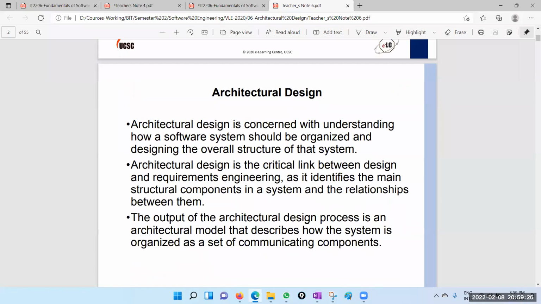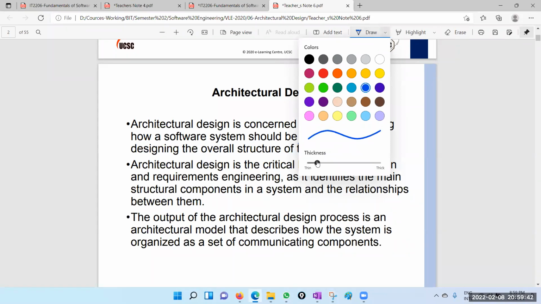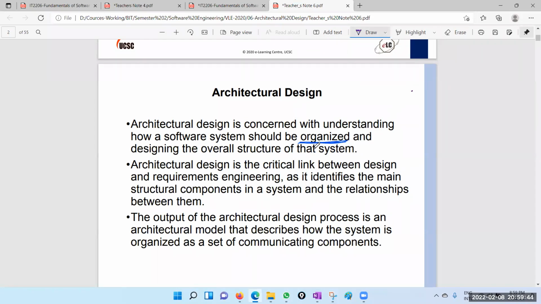So architectural design is concerned with understanding how software should be organized and designing the overall structure. So there is a big picture, right? The overall structure, how your software is organized in general, and what the overall structure is. So the output is an architectural model, right? Remember, a model is an abstract representation.